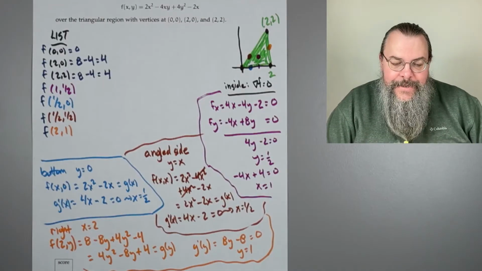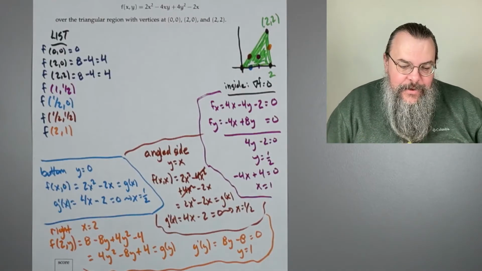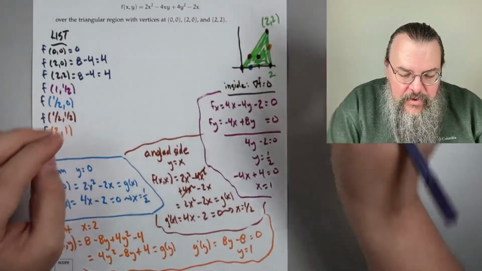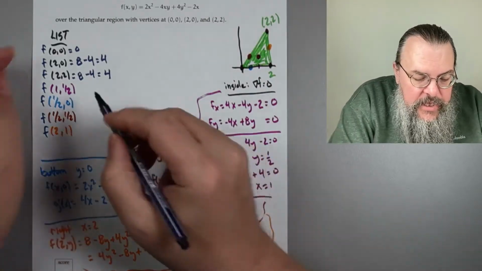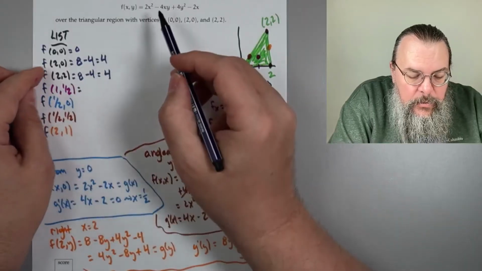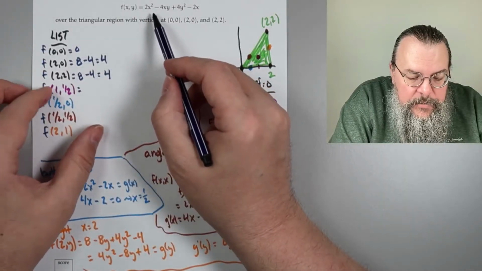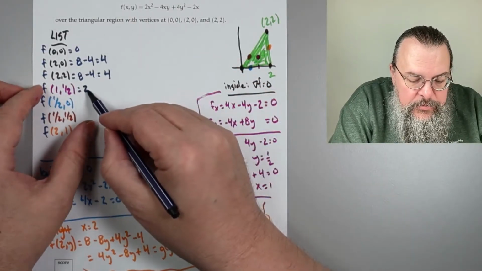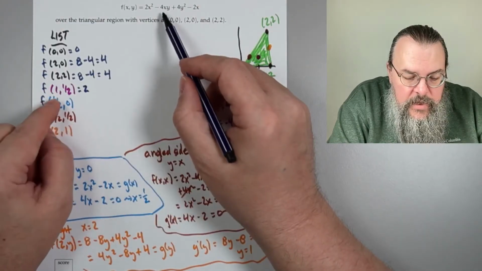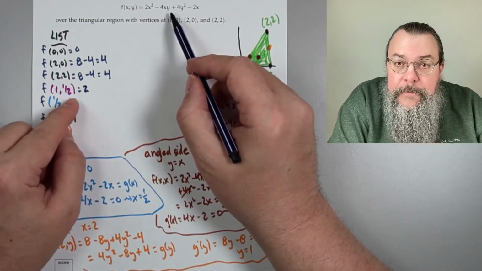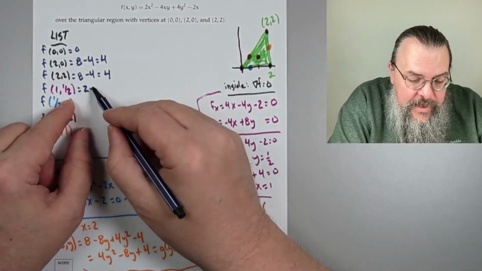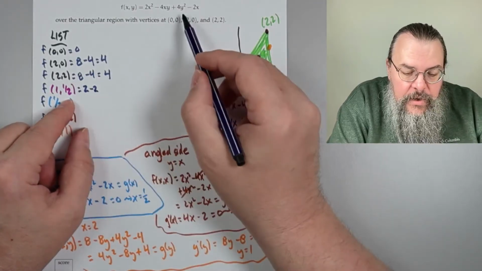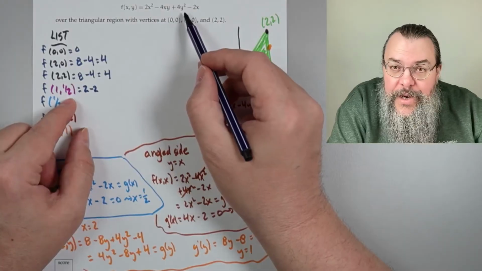1/2. Well, that's not on any side, so we actually have to do that one properly. So let's be careful here. Okay, so 1/2, so that's 2 times 1 squared, which is 2. 4 times 1 times 1/2 is 2, and we're subtracting that. 2 minus 2. 4 times 1/2 squared.